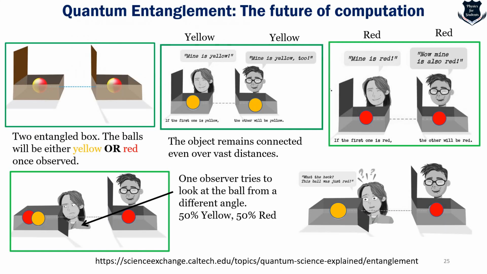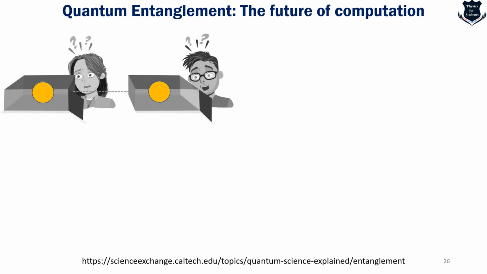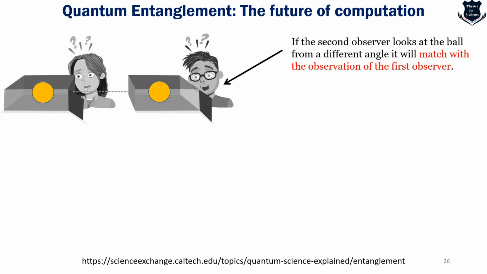If you go back, you will see here the first observer, that girl, has seen it from red to yellow because it is seeing from different angle. This one turned yellow. So if the girl is seeing it as yellow, in the second case, the boy will also see it in yellow, right? So the viewers might find a yellow ball now, even though the pair of balls had previously been red.